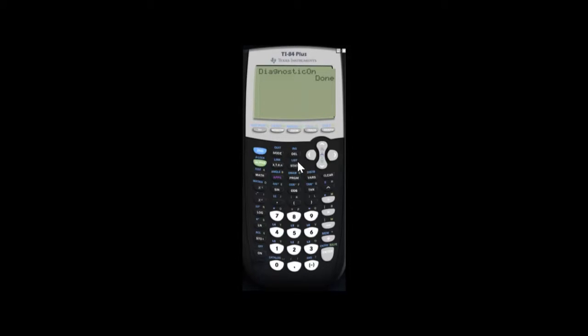Now we will enter in our data. We're going to look at some perfectly linear data and see that that gives us an R of 1. So stat edit in list 1. If you have data points, you can go up to list 1 and hit clear. List 2 will hit clear.